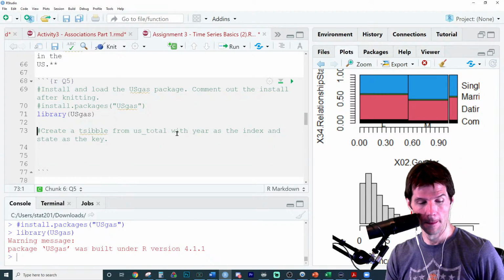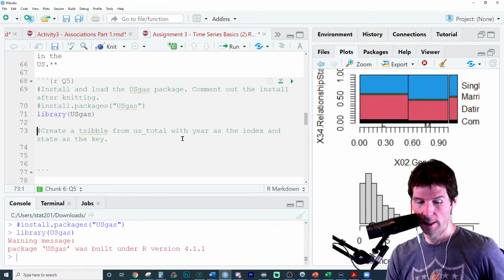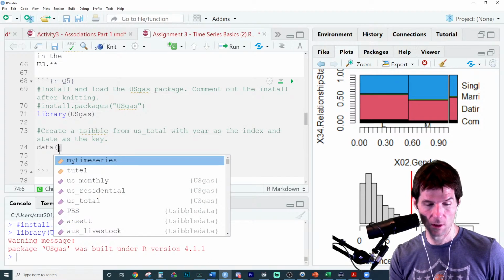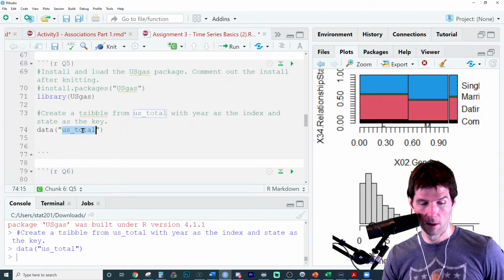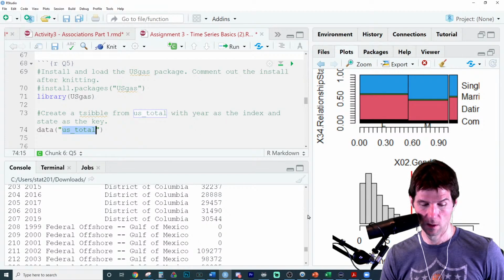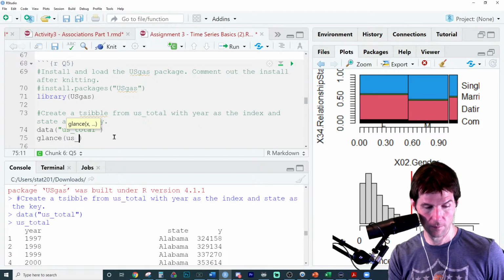End of the week. Created a tsibble for US total with the year as the index and state as key. Oh, look out, some US total right here. Okay. That's too much.